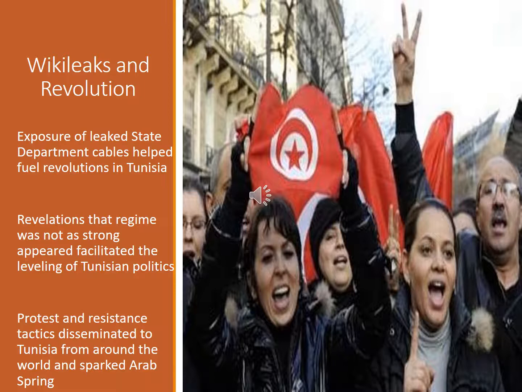And when the secrets of these regimes are revealed, when, for example, WikiLeaks releases the State Department cables that reveal in a frank way the true nature of the corruption in a place like Tunisia.